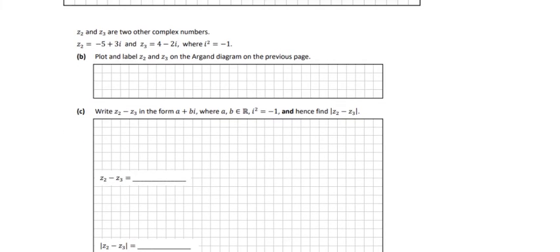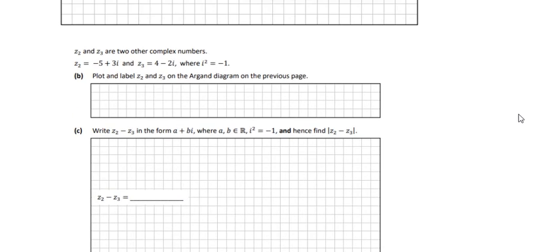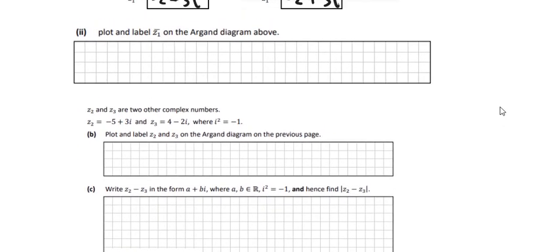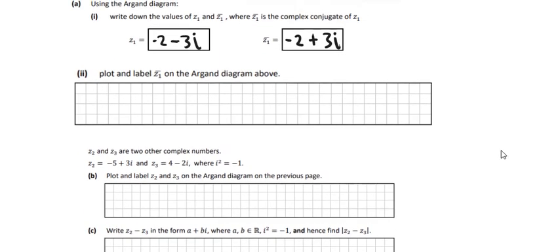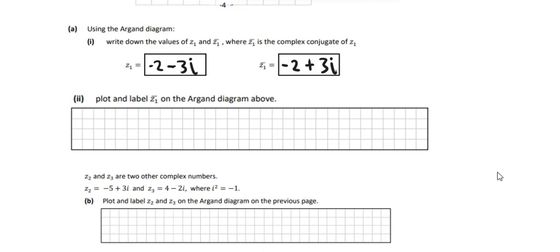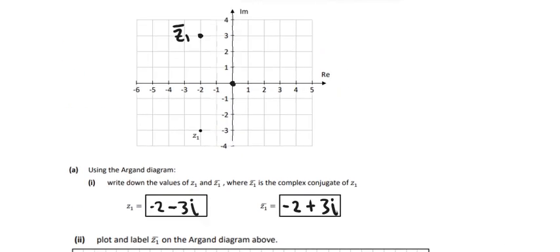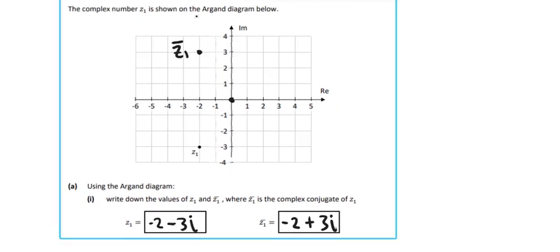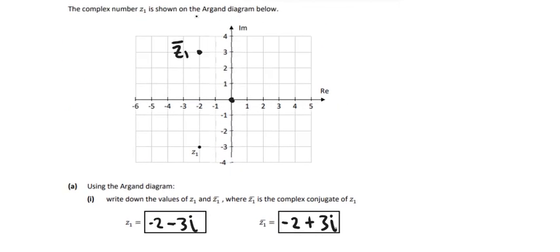Part B then. Z2 and Z3 are two other complex numbers. This is what they are, where i squared is equal to -1. Plot and label Z2 and Z3 on the Argand diagram on the previous page. Simple enough again. Z2 is -5 plus 3i, so we go across to -5 and up to 3.